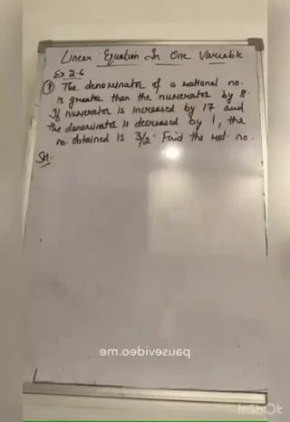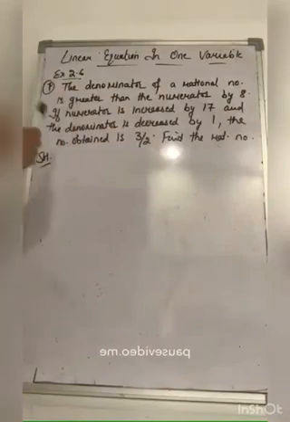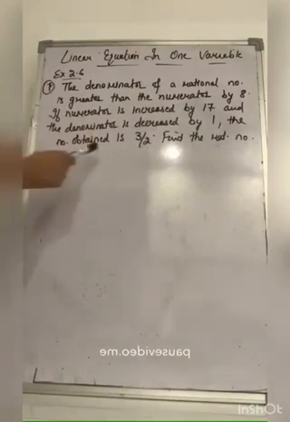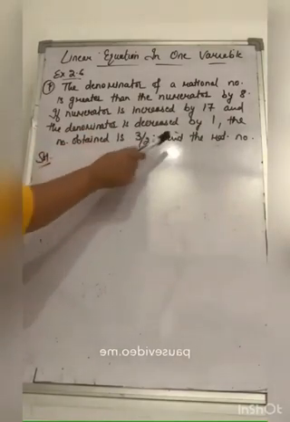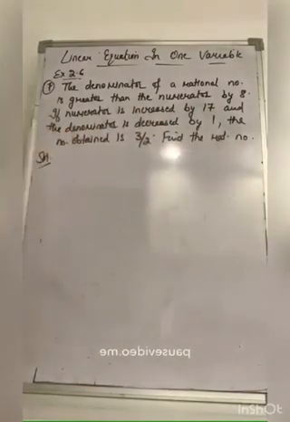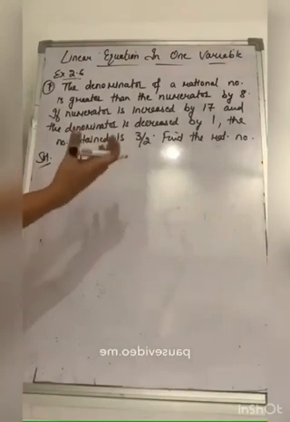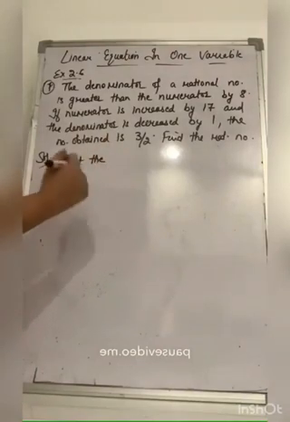See the next question, number 7. The denominator of a rational number is greater than the numerator by 8. If numerator is increased by 17 and the denominator is decreased by 1, the number obtained is 3 by 2. Find the rational number. So for this, first of all, we will suppose the numerator and the denominator.